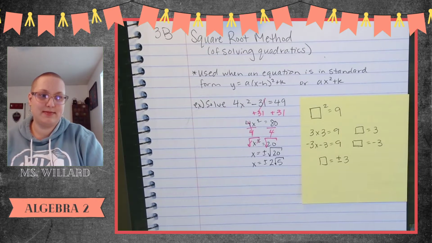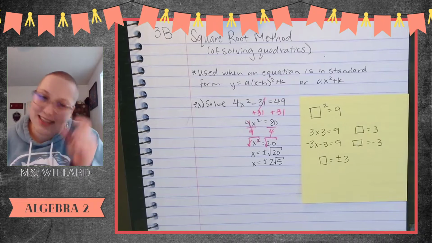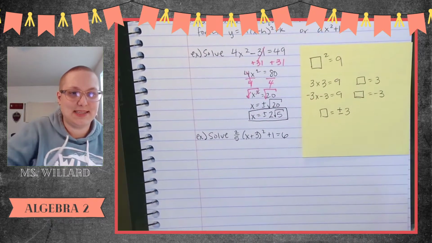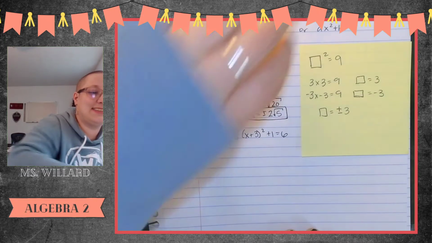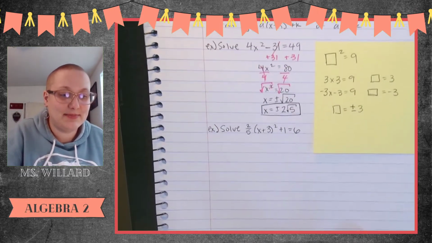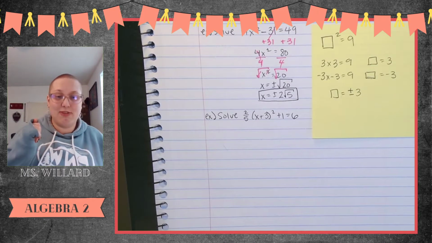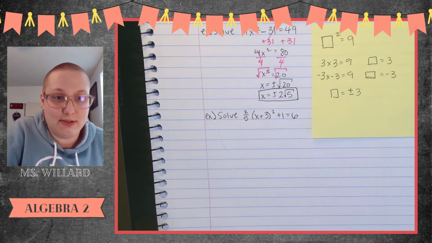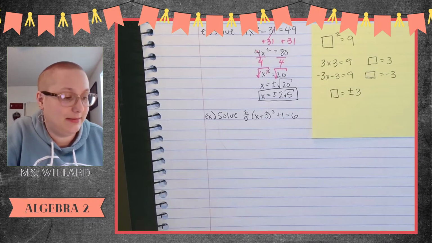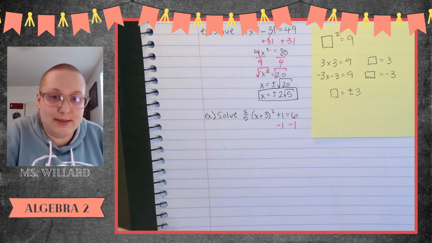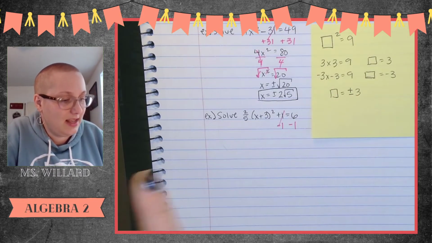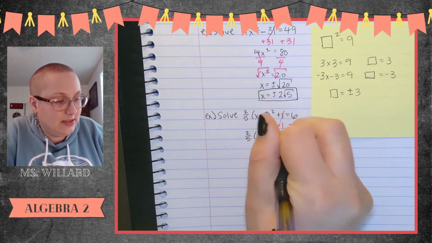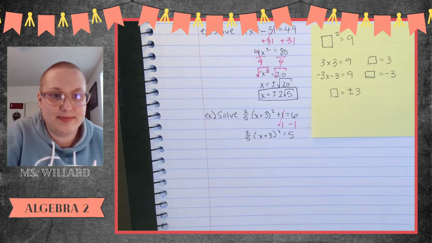So there. All right, let's do another one that's just a little bit harder, like this: 2/5 times x plus 3 squared plus 1 equals 6. It's still in vertex form, so I can still do this method. I'm just going to solve this like I normally would solve a math problem, even if there wasn't a squared in it. So I'm going to subtract the 1. I've got 2/5 times x plus 3 squared equals 5.